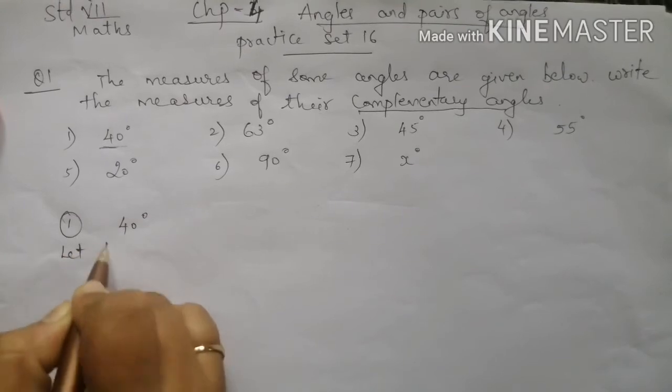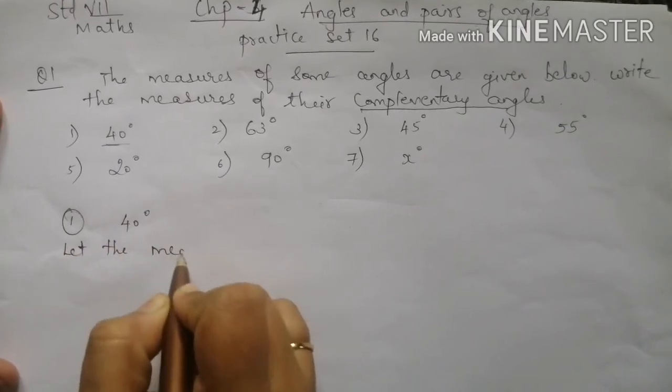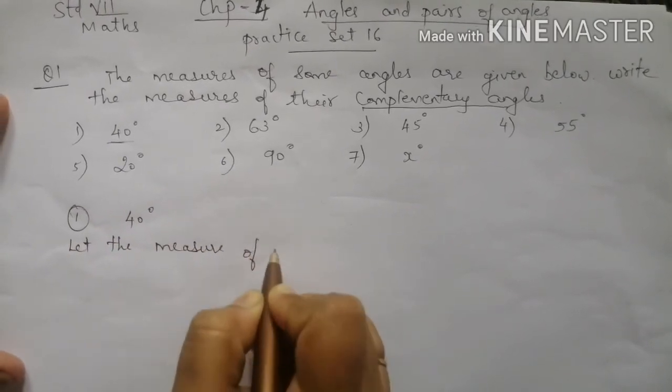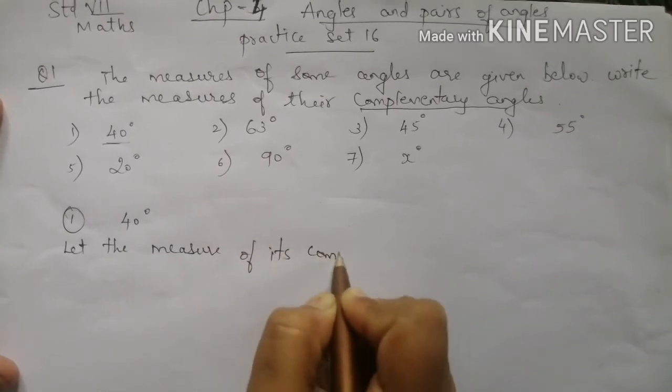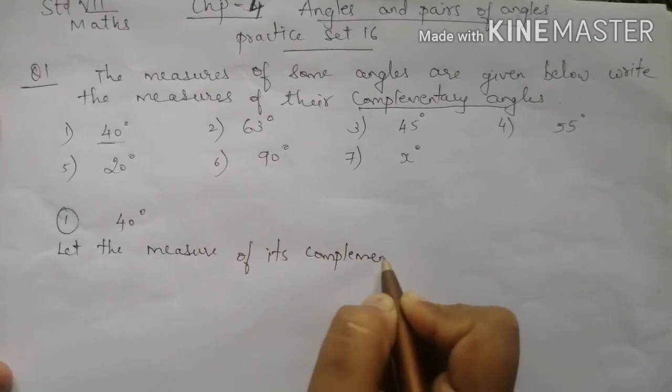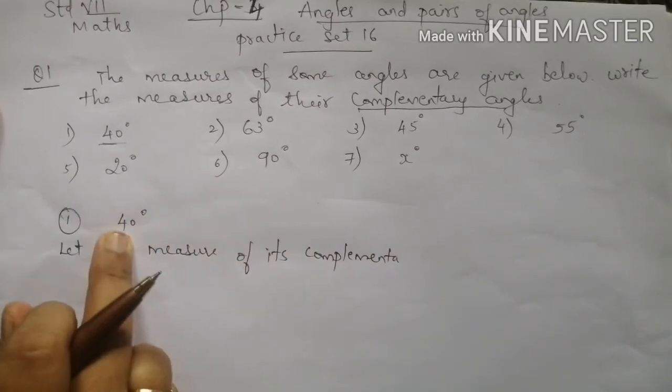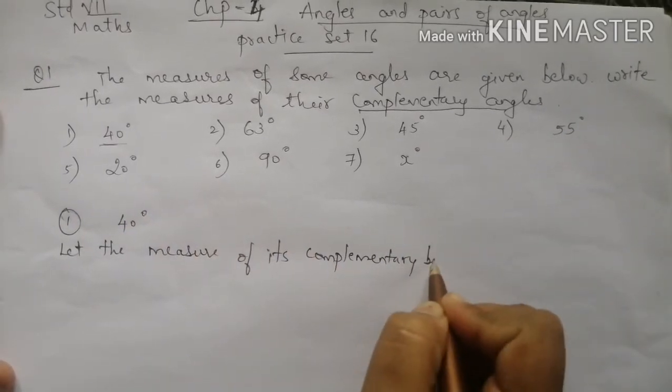So let the measure of its complementary angle be x degree. As we don't know, so we are writing let the measure of 40 degrees complementary angle be x degree.